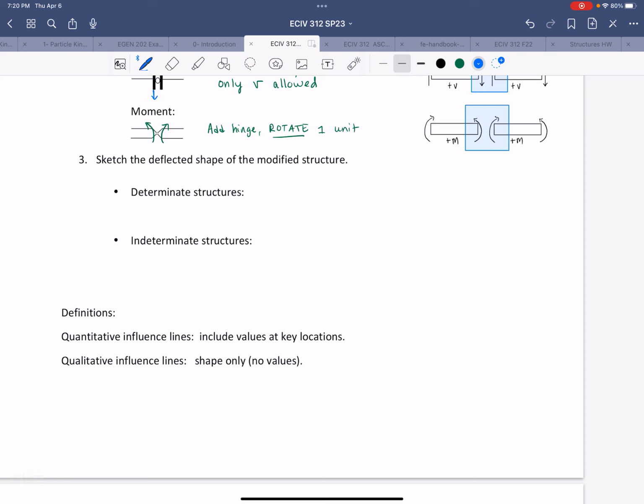After you've done that, then just draw the deflected shape of the structure. So for determinate structures, a few things to keep in mind is that the modified structure will be an unstable mechanism. And because it's unstable, the deflected shape will be all straight line segments.